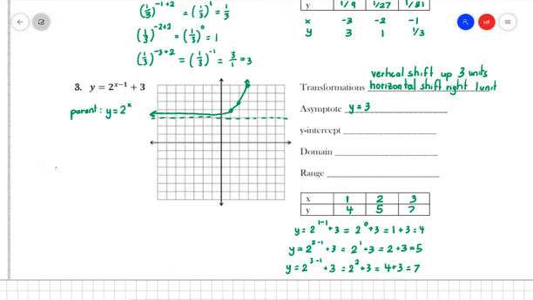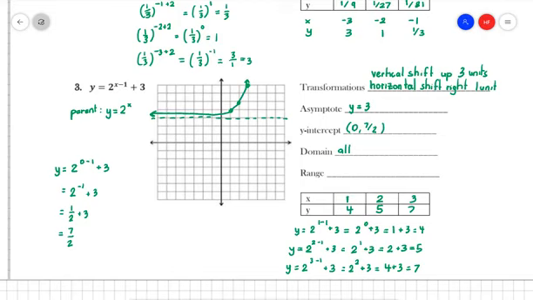So let's plug in a 0. We get 2 to the power of 0 minus 1 plus 3. 2 to the power of negative 1 plus 3, which is 1/2 plus 3, which is 7 over 2, or 3.5. So we've got 0 and 7 over 2.